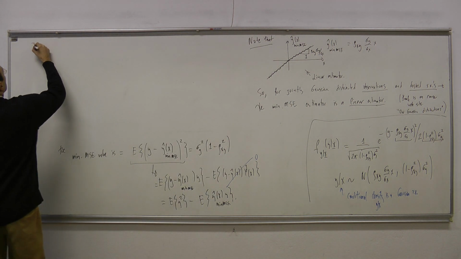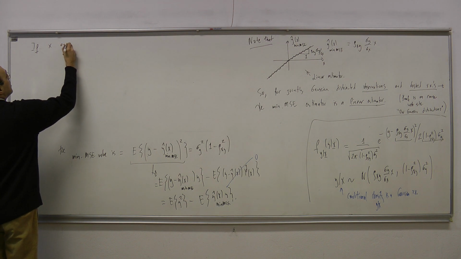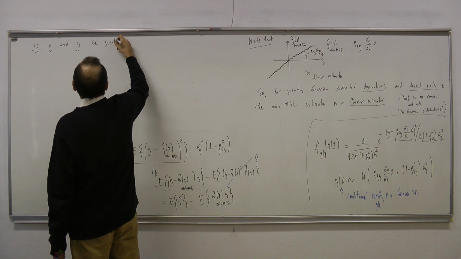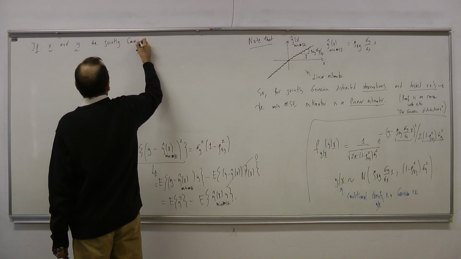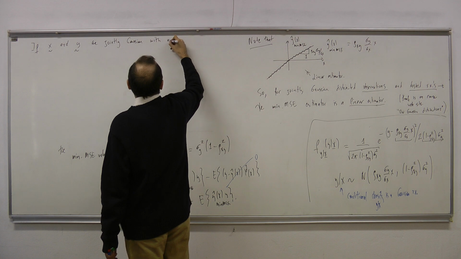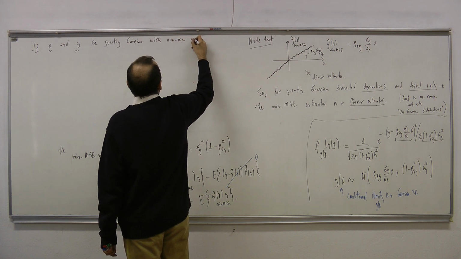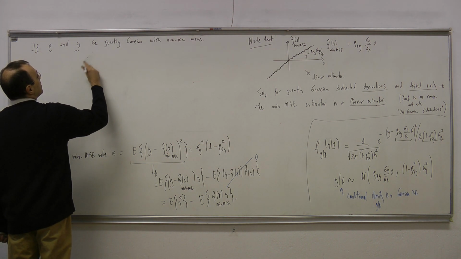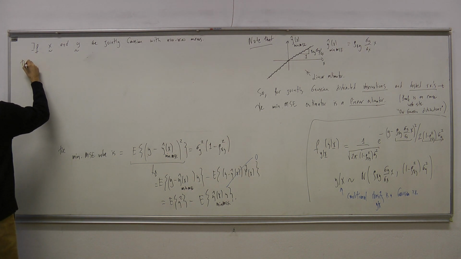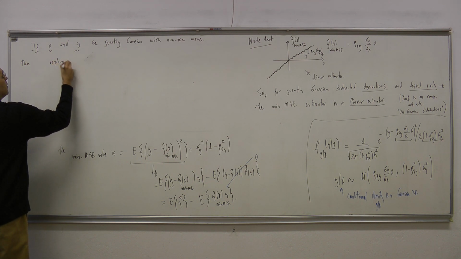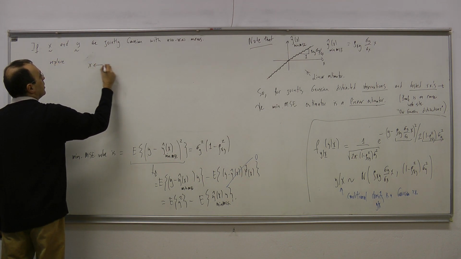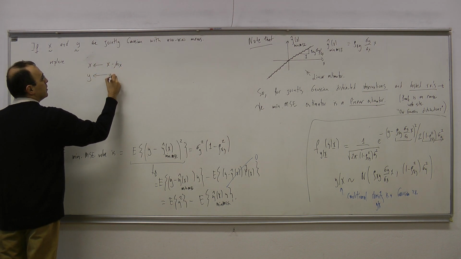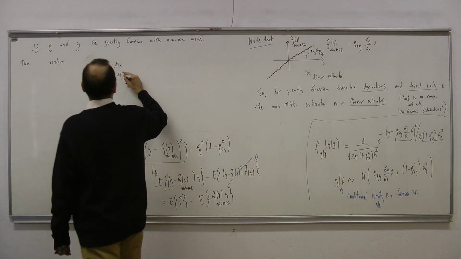If x and y are jointly Gaussian with non-zero means, then in the earlier derivation replace x with x minus mu x, y with y minus mu y.